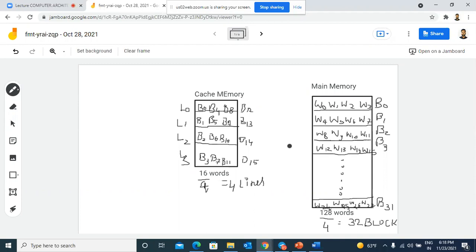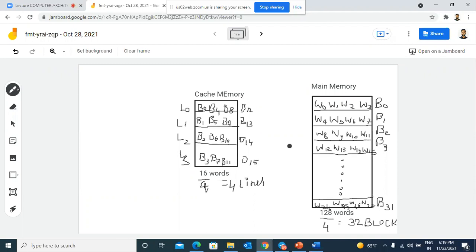Possible cache line. In cache memory the format is line. In direct mapping, we assign each memory block to a specific line in the cache.